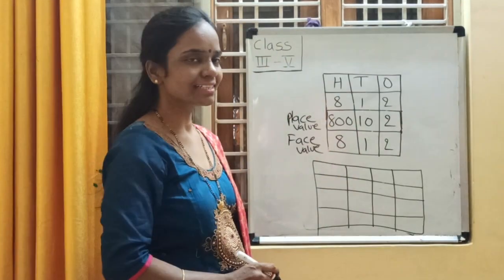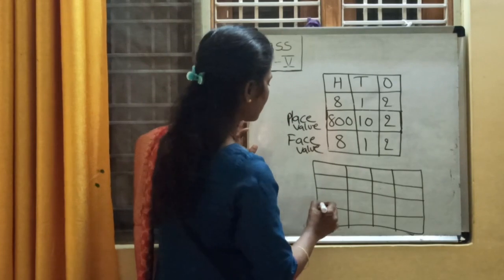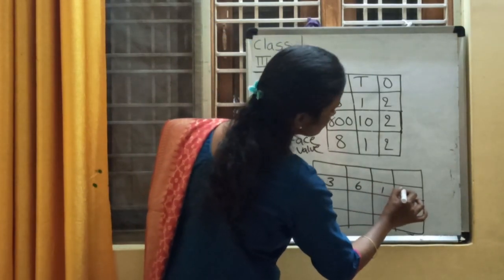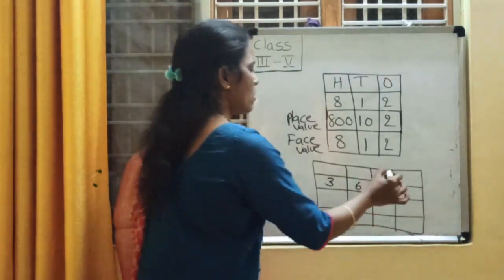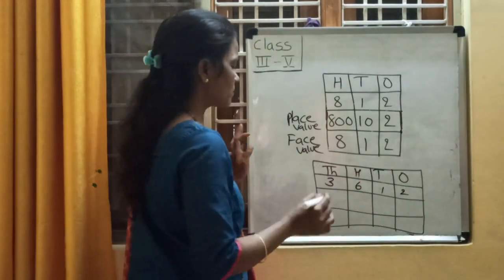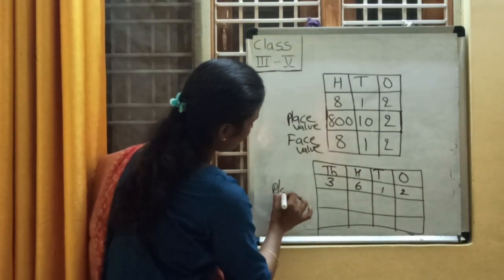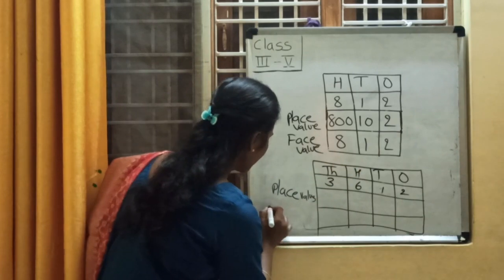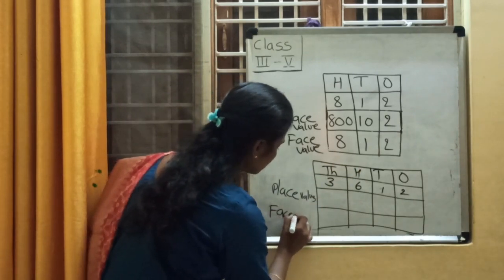Understood, children? Then take a 4-digit number. 3612. 1's place, 10's place, 100's place, 1000's place. Take place values. And here take face values.